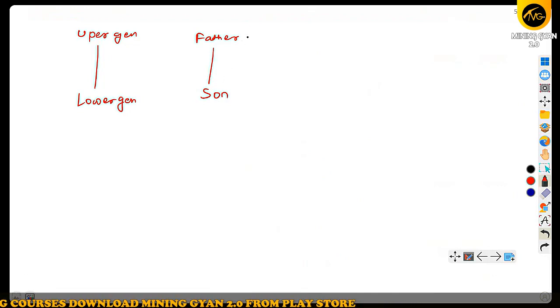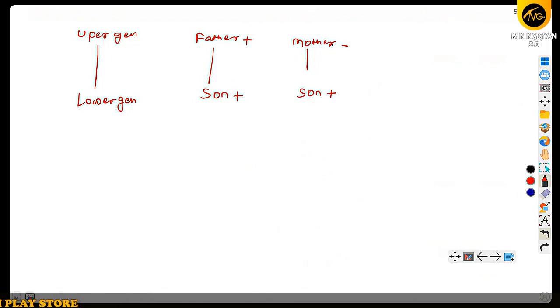This is for father, positive sign, and this is for son, positive sign. Similarly, mother and son, so it will be positive sign. Basically the positive sign is used for the male and the negative sign is used for the female. Now similarly, mother is the upper generation and the daughter is the lower generation. So minus and minus, because a minus sign is used for females.